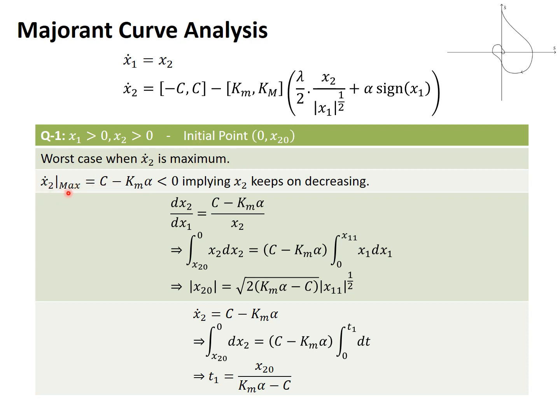To see x2 dot maximum, we are choosing the maximum value from here, which is C, and the maximum value from here. So, what is the maximum value from here? This has to be seen carefully. Now, we have chosen a positive quantity C, and we will not try to decrease the positive quantity by a large extent, only then can we keep the maximum.